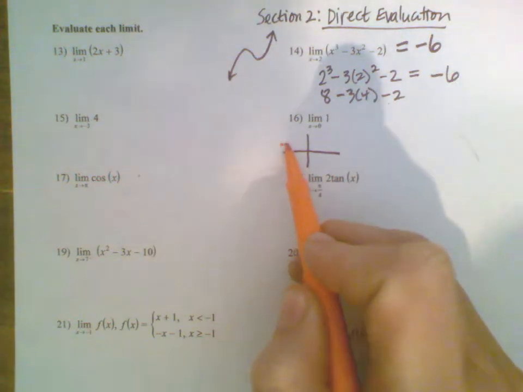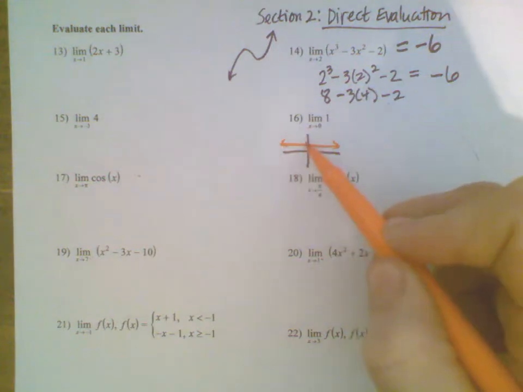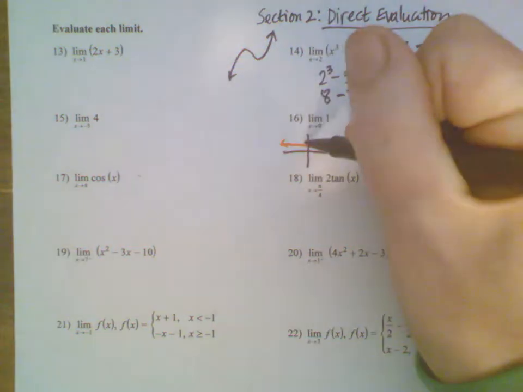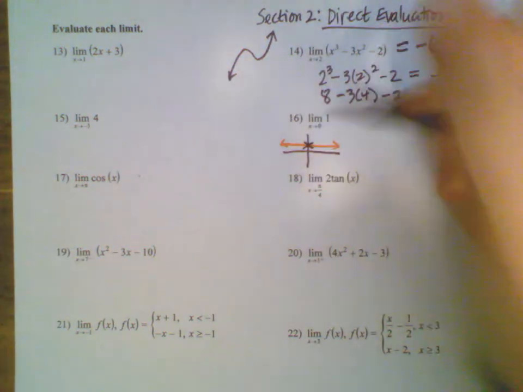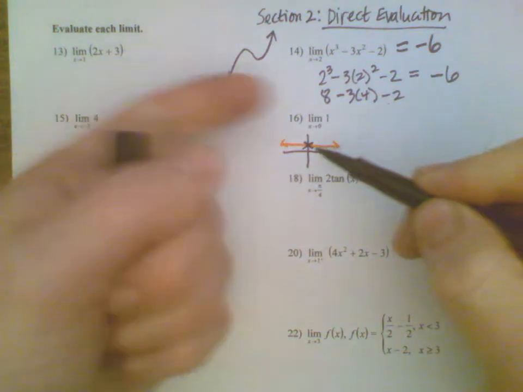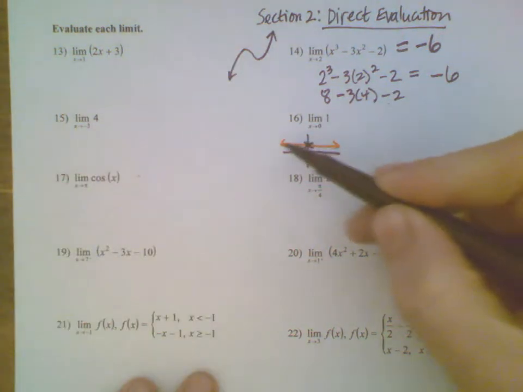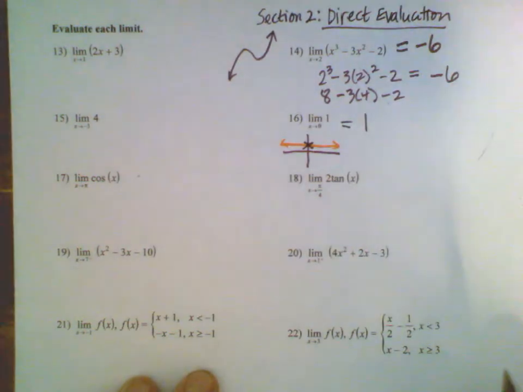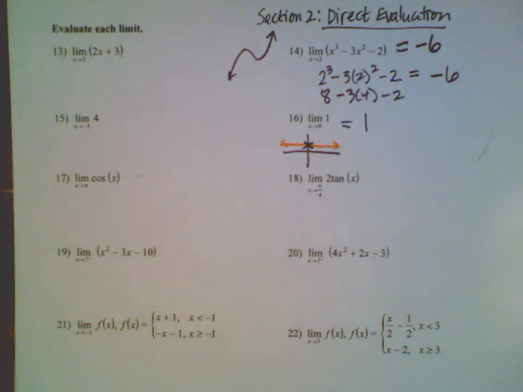So that would be this graph here that crosses the y-axis at 1, just a line. They said focus at 0, so I'm going to look at 0 on both sides of 0. Where is this pointing? It's pointing exactly to where the graph always is. And so my limit is what the graph always is, and that's 1.